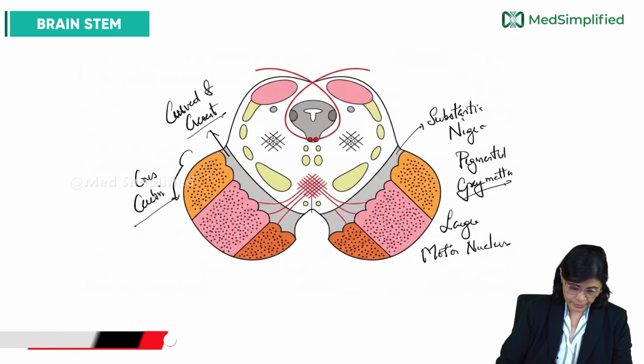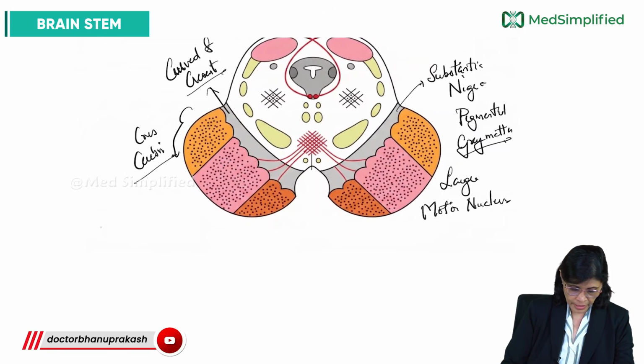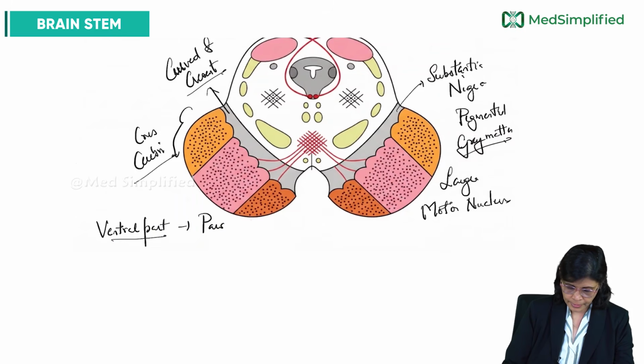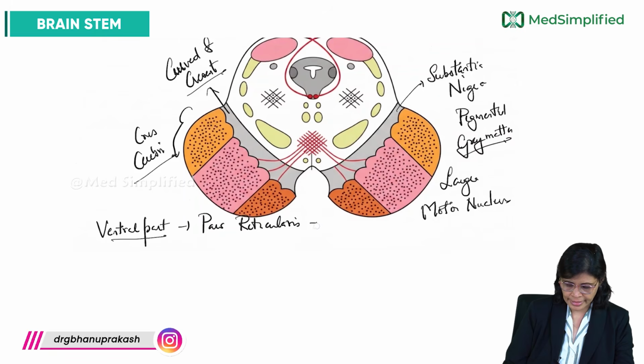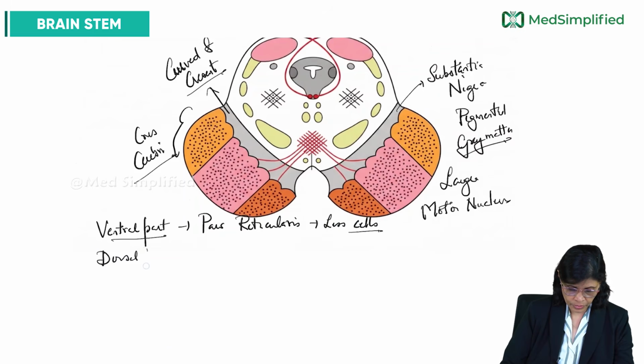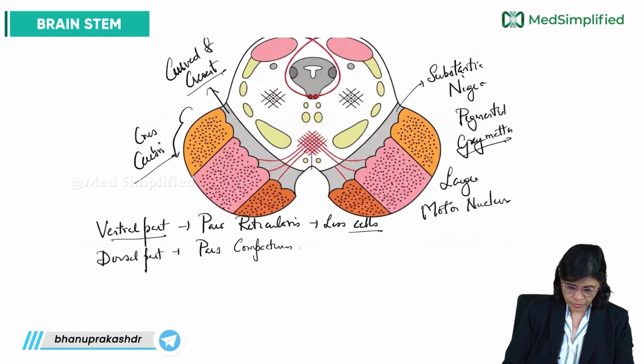The ventral part is called pars reticularis, which contains fewer cells. Whereas the dorsal part is called pars compacta, and it contains more cells, as the name suggests.